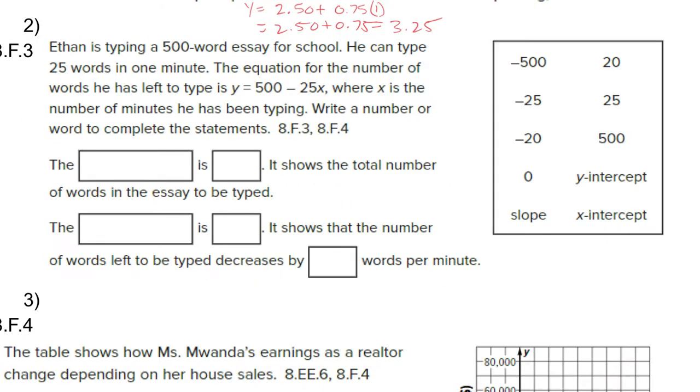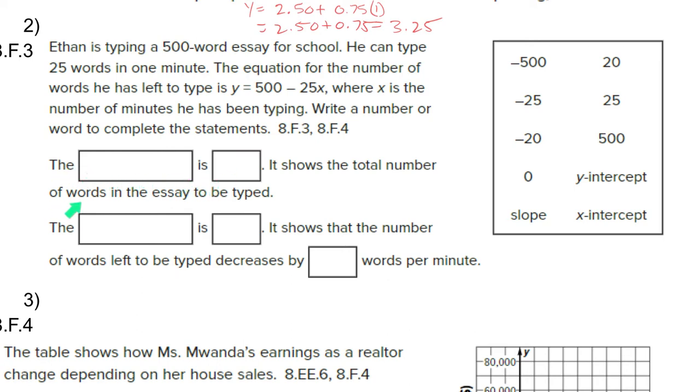Number 2, Ethan is typing a 500-word essay for school. He can type 25 words per minute. The equation for the number of words he has left to type is this, where x is the number of minutes he has been typing. Write a number or word to complete the statements. The blank is blank.